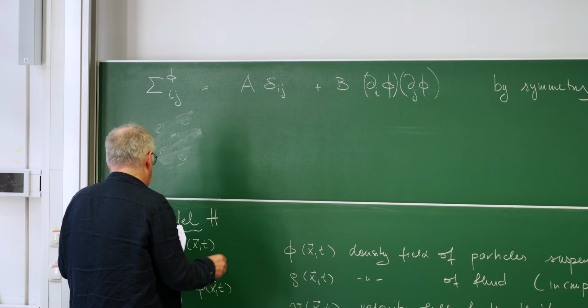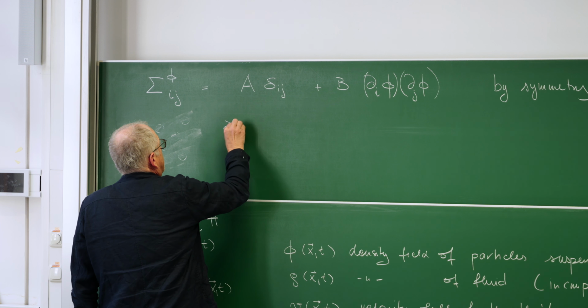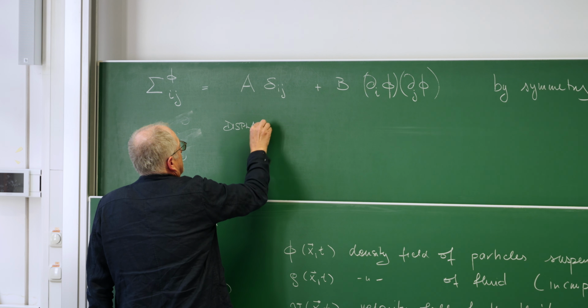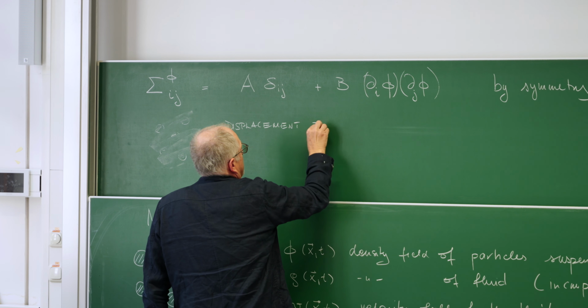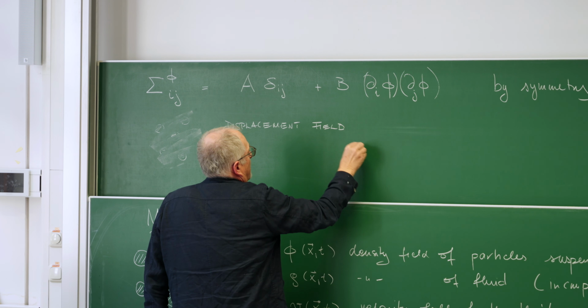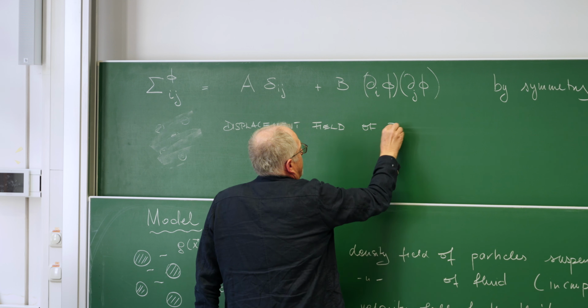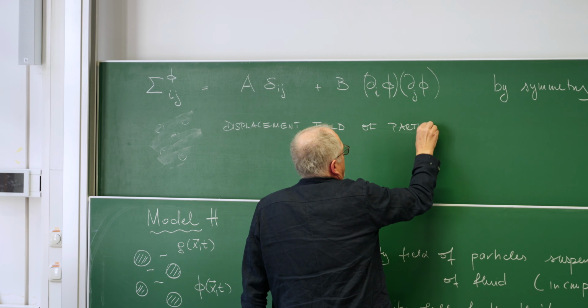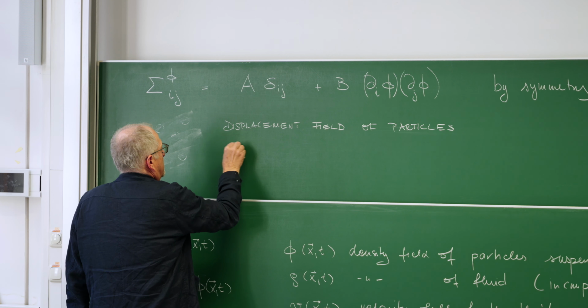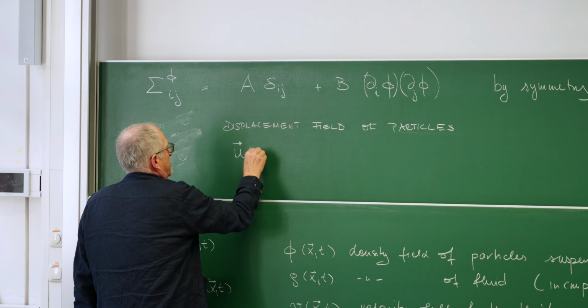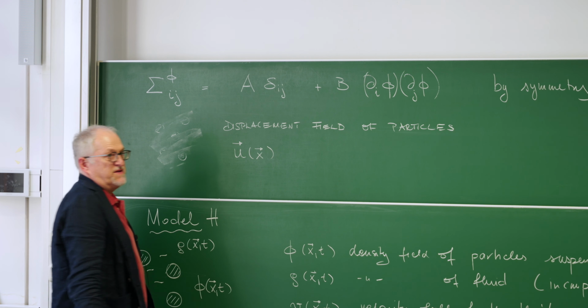And what we consider is a displacement field of those particles, and we call this displacement field u vector, and it will depend on where you look in space.